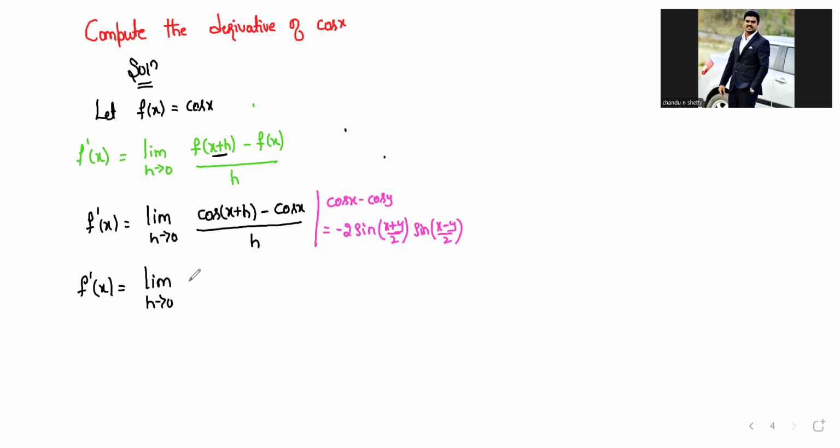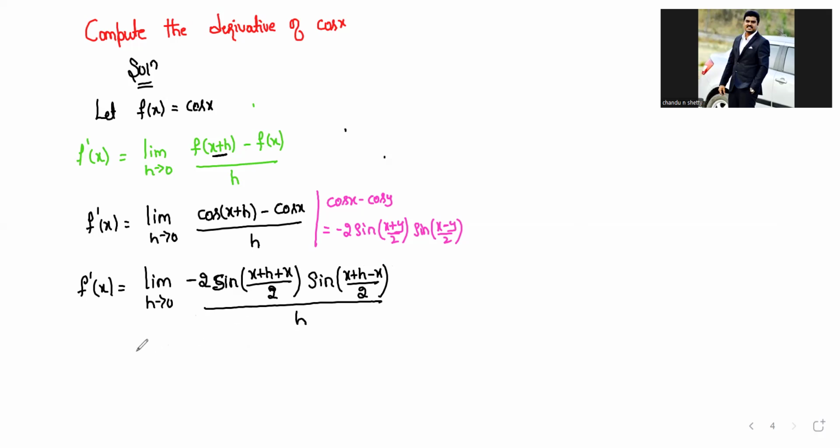We are applying the formula: minus 2 sin of, in the place of x, x plus h, in the place of y, x, by 2, and again sin of (x plus h minus x) by 2, by h.